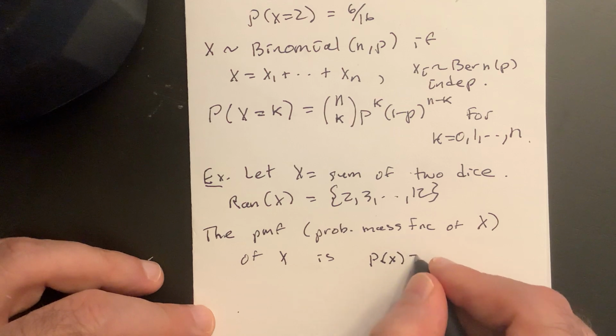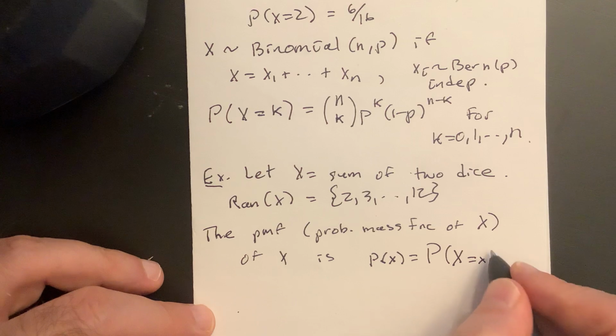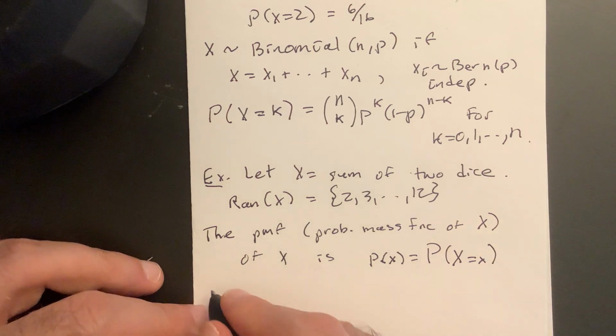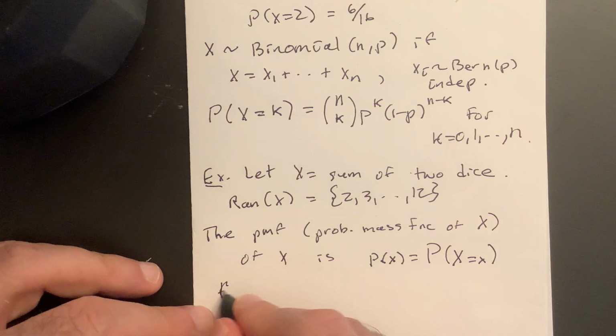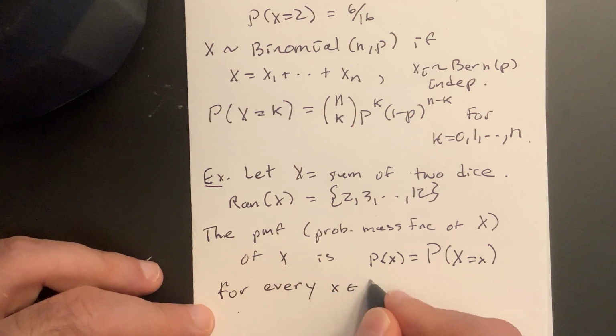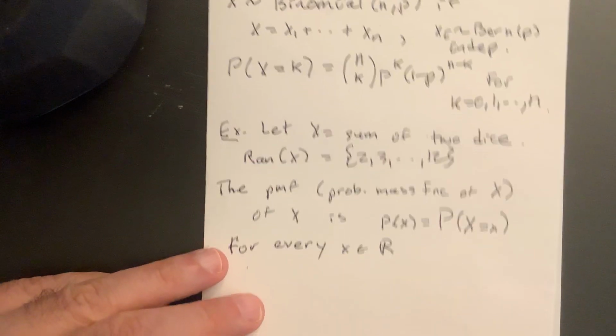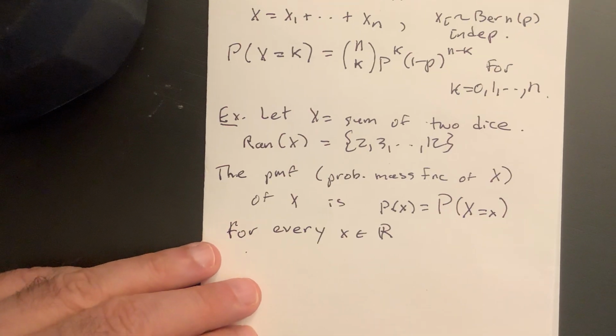P of x is equal to, this is a little x, probability big X equals little x. I could have called it k too. And it should be defined for every x in R, because it's just 0 if it's not possible. So you can make a real function out of that.